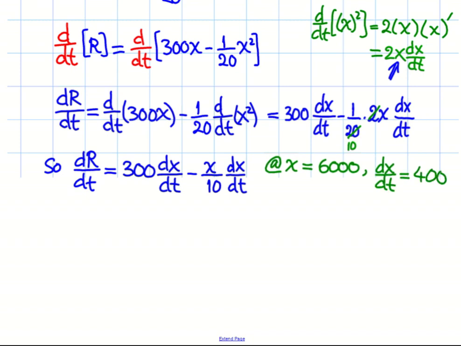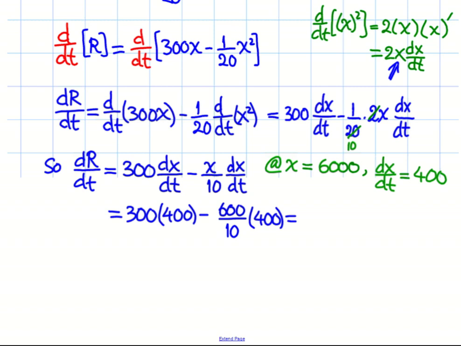We have that information and we put it in: 300 times dx over dt, 400, minus x, 6,000, over 10 times dx over dt, 400.